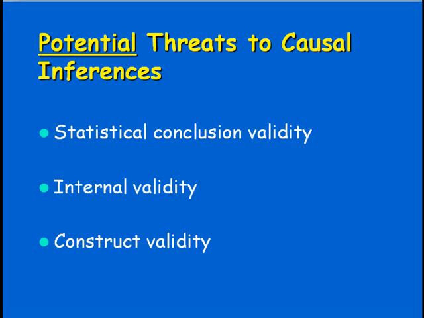They're different, okay? We're going to talk about 3 different types of design validity, and the potential threats to causal inferences. And probably the one that sticks out that you recognize is threats to the middle one, internal validity. But there are a couple others that we're going to talk about.